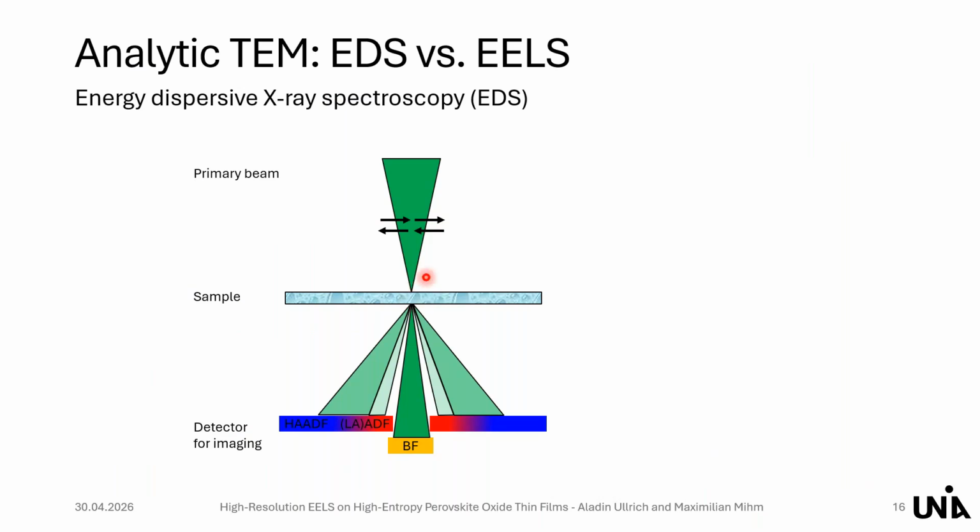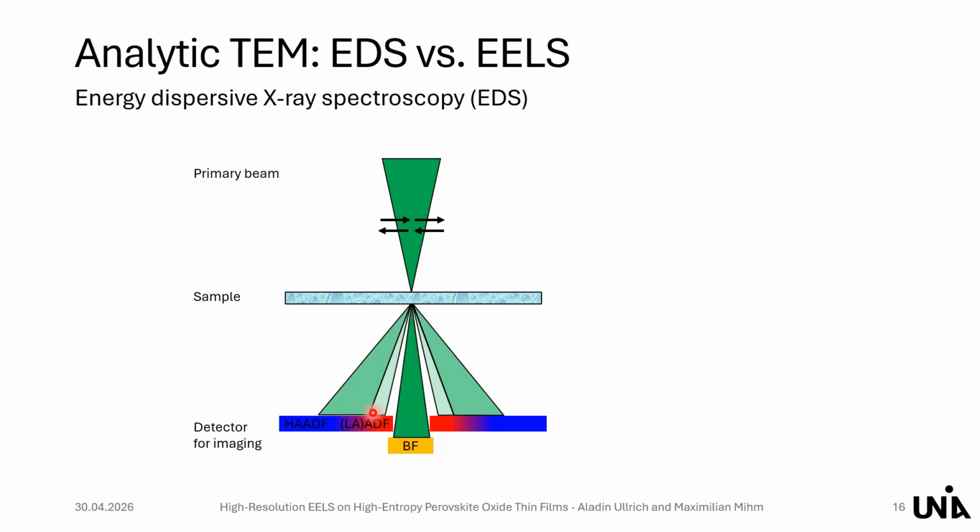So the imaging is then performed by scanning the beam over the sample, and the directly transmitted beam is detected by the bright field detector here. And the electrons scattered to higher angles are collected by the dark field detectors. Depending on the angle, you call it high angle annular dark field detection when you have angles larger than something like 50 milliradians, and conventional ADF when you have smaller angles.